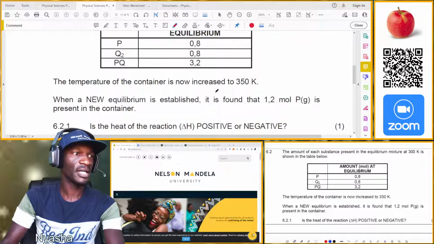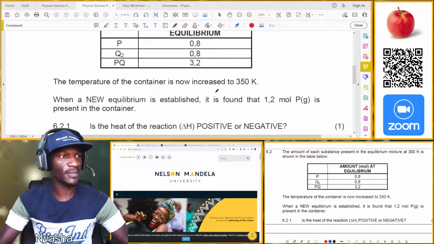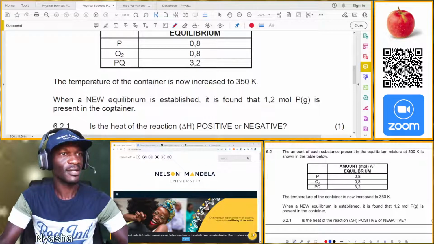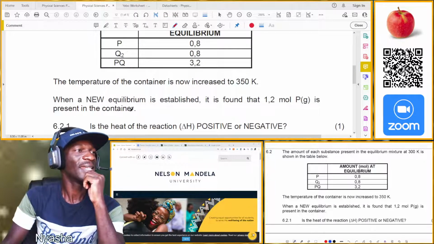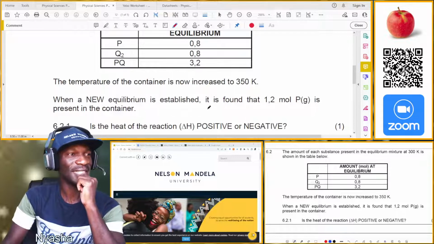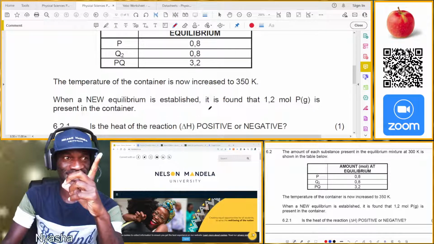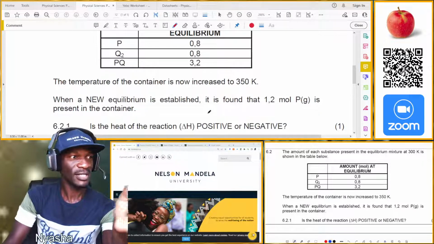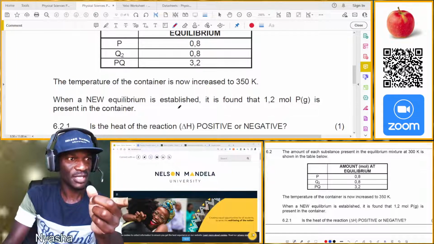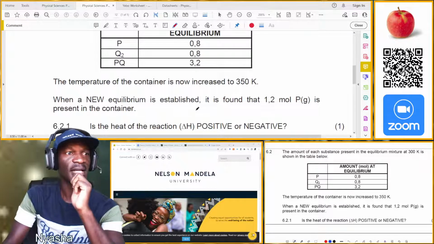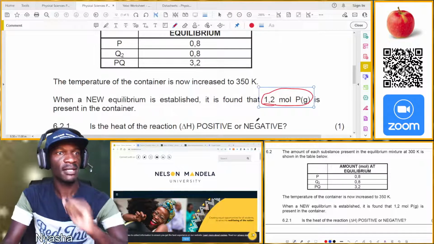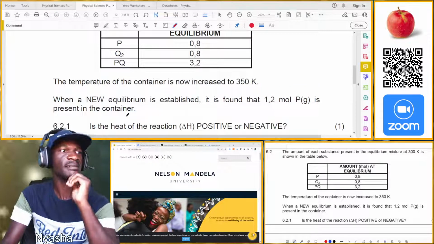The first question is the heat of the reaction. When a new equilibrium has been reached, so this is now at 350, isn't it? Because the temperature of the sealed container was increased. When the new equilibrium has been established, it is found that 1.2 mole of the P substance in its gaseous form is present in the container.